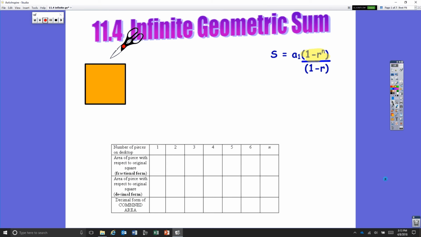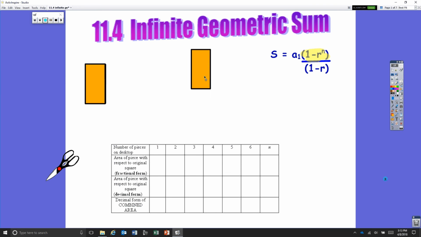So here's what I've done. I have this piece of paper, and I'm going to cut it in half. And then I'm going to put half of it up here on my desktop. So right now I have half of it, which is 0.5, so I have 0.5 on my desktop. Then I'm going to cut that in half.